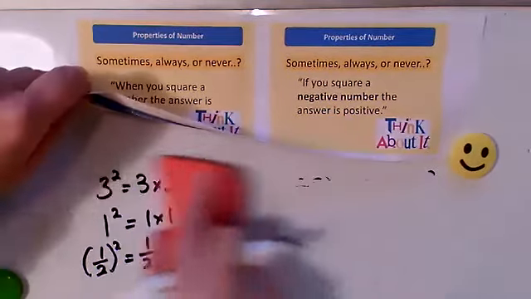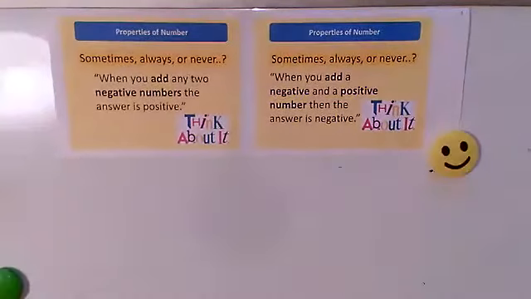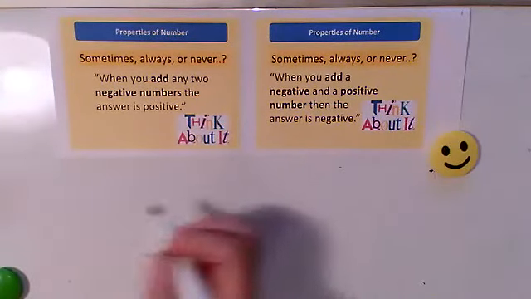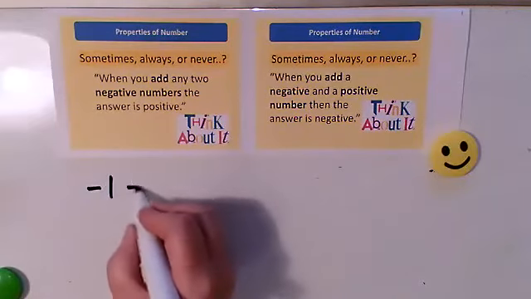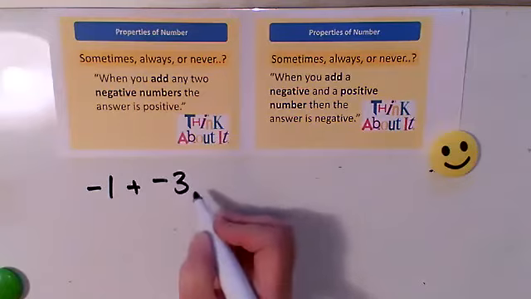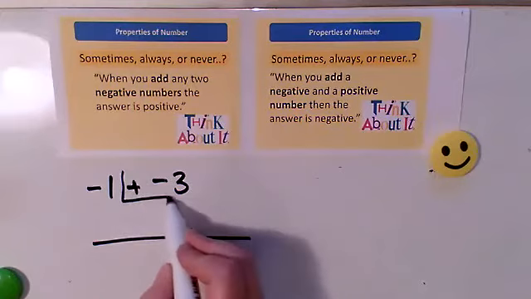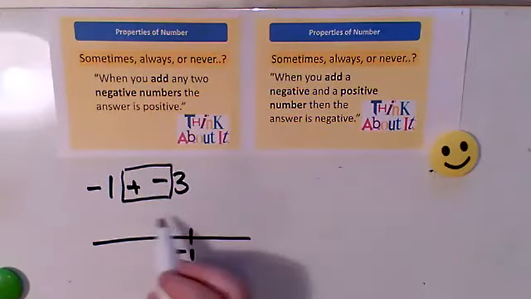Looking at the next two questions. When you add any two negative numbers, the answer is always positive. So let's just see if we can get a positive answer. Let's say negative 1 plus negative 3. So if we think about our number line, if I'm starting at negative 1, adding a negative, well, if I added a positive, that would get bigger, but I'm adding a negative.